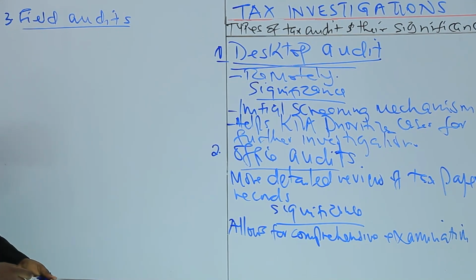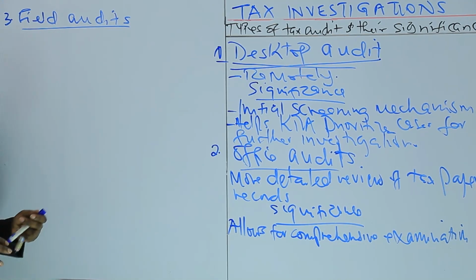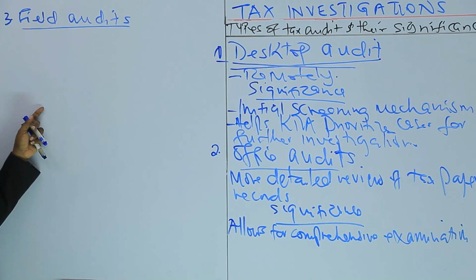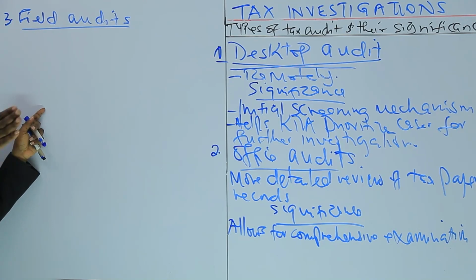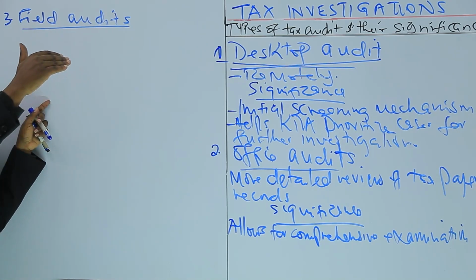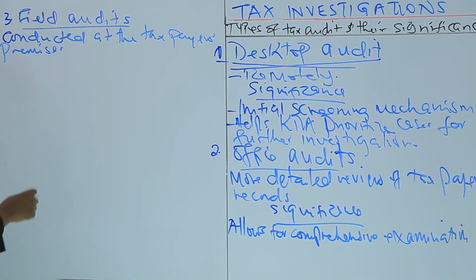By field, I'm not referring to an open space. No. Field audits are the most comprehensive type of tax audit in Kenya, involving a thorough examination of a taxpayer's tax records, financial information, and business operations. This audit is conducted at the taxpayer's premises.